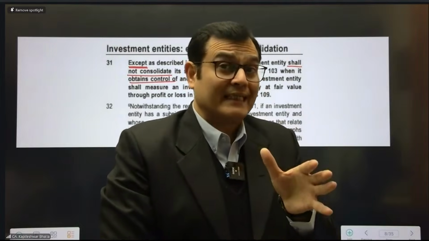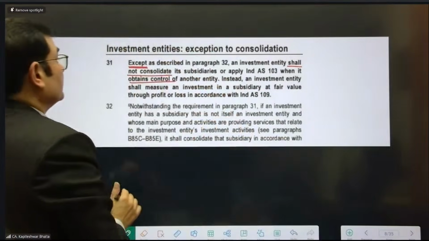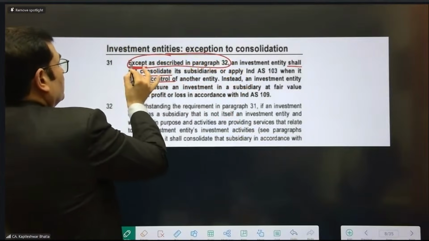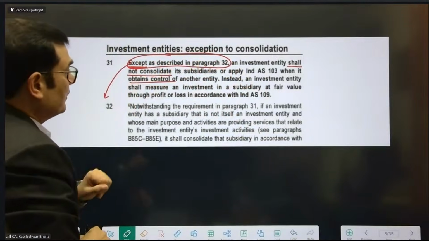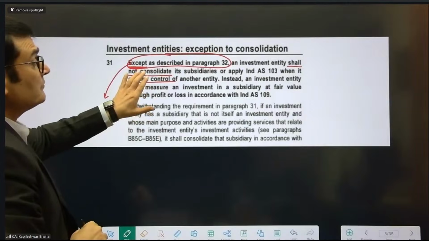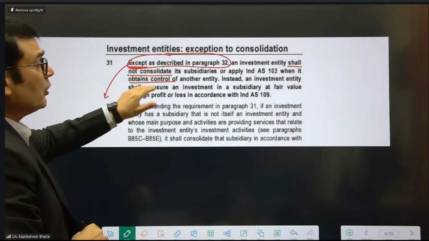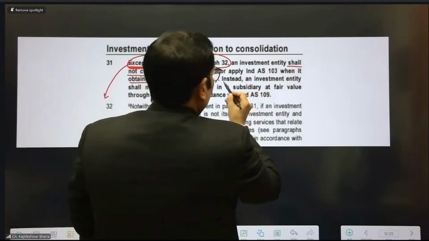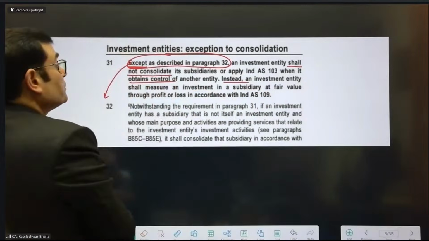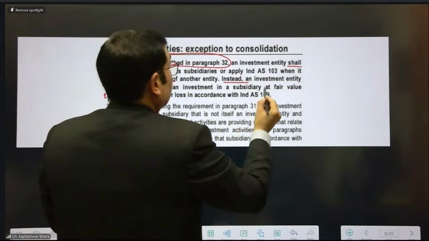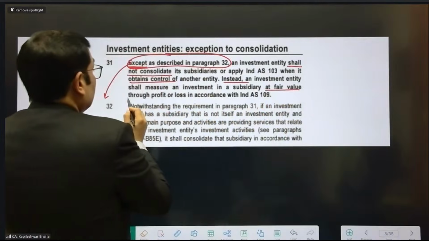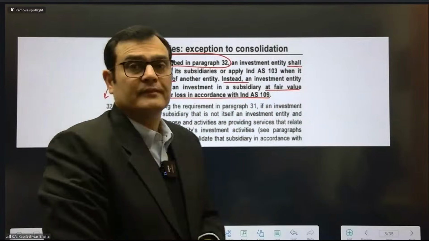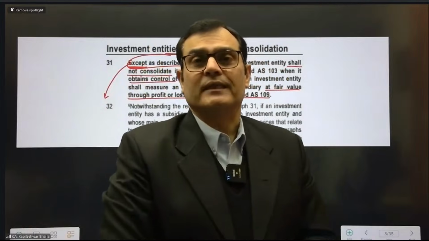Para number 31 says exactly that, but it gives you an exception in terms of para number 32. It says, except what I'll tell you in 32, an investment entity shall not consolidate its subsidiary. Instead, an investment entity shall measure the investment in a subsidiary at FVTPL in accordance with Ind AS 109.